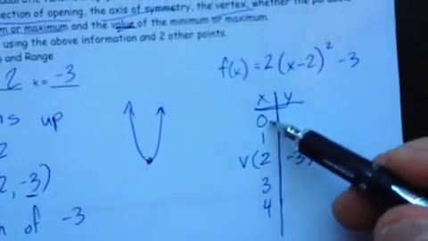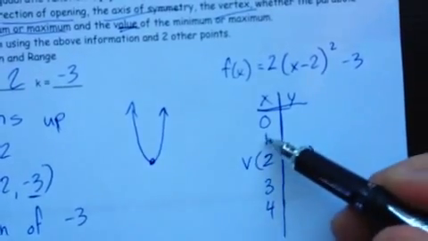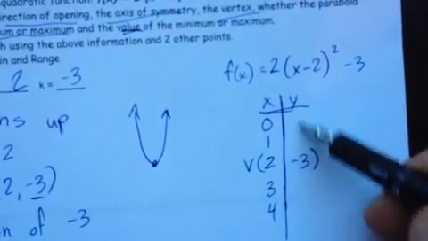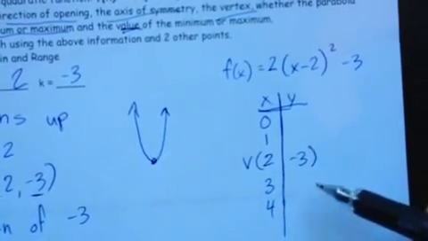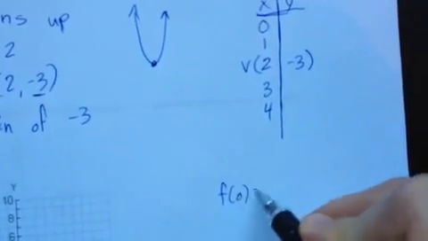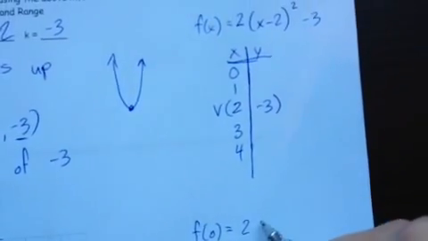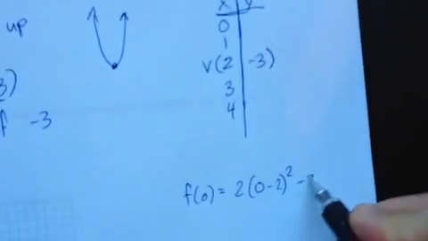What I'm going to do is figure out what my y value is when x is 0, and when x is 1. Whatever those y values are on the left, those are the same on the right because it's perfectly symmetrical. So I'm going to find f of 0 first. f of 0 is equal to 2 times (0 minus 2) squared minus 3.